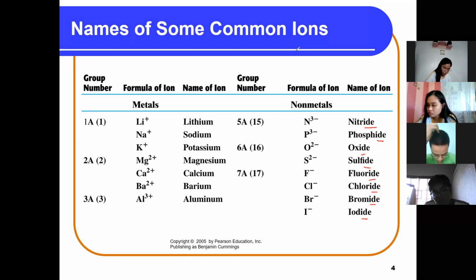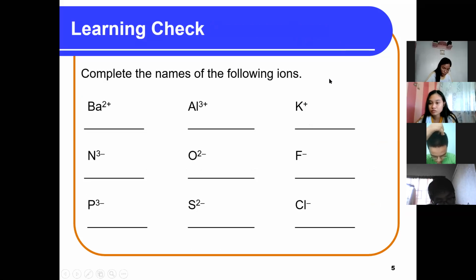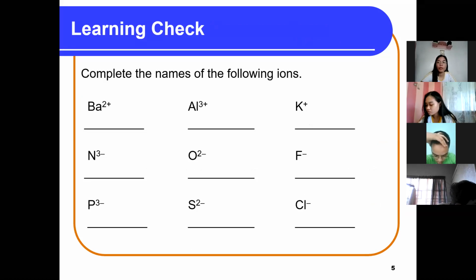Okay, let's try this one. Complete the names of the following ions. Ba2 plus.